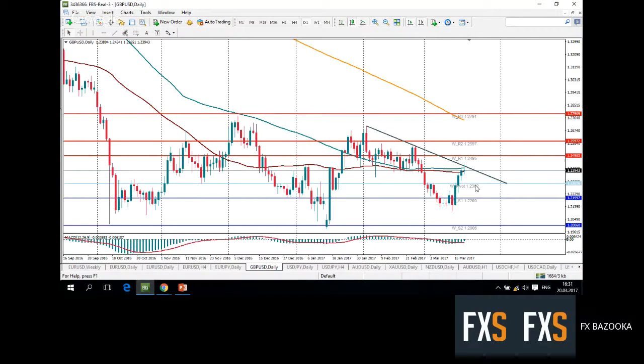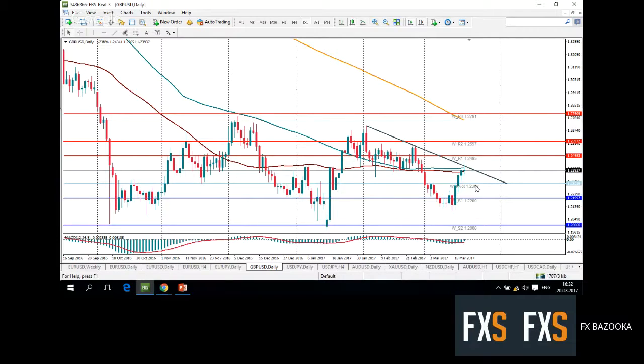Despite the fact that much has been priced in already in the British pound, still such an unprecedented event as the start of the nation's formal exit from the European Union will likely draw some sellers to the pound.